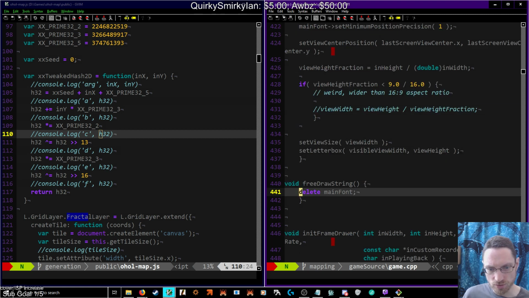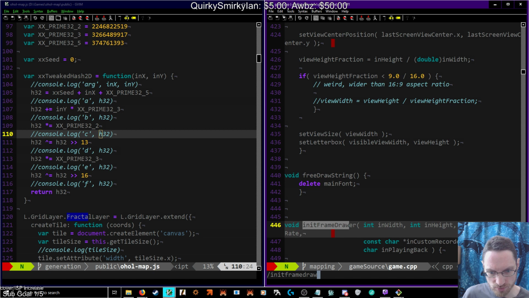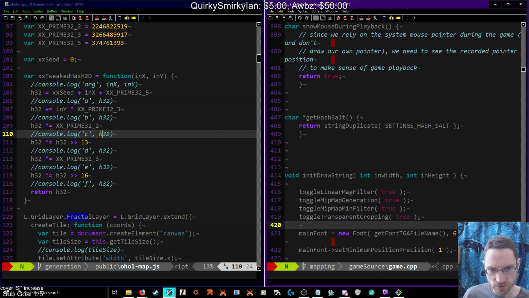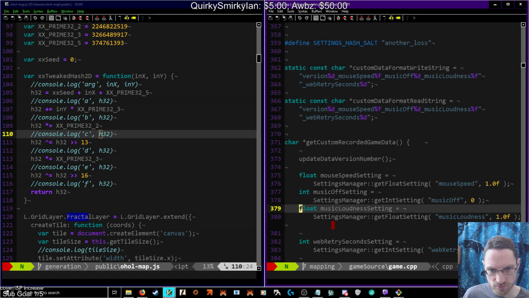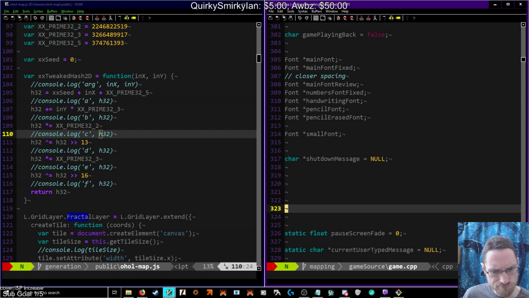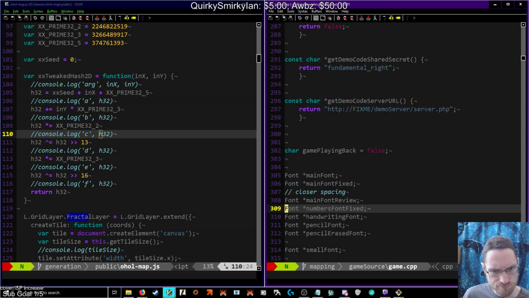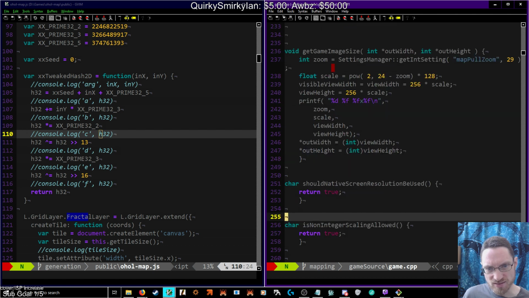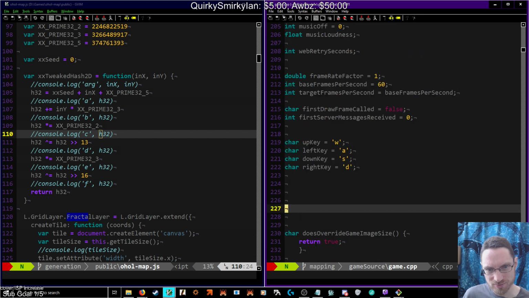Init frame drawer. Drawer. No. Init draw string. I guess it's init frame drawer?